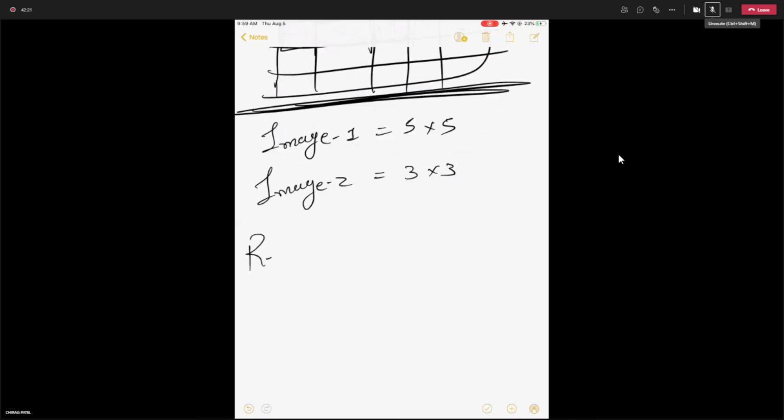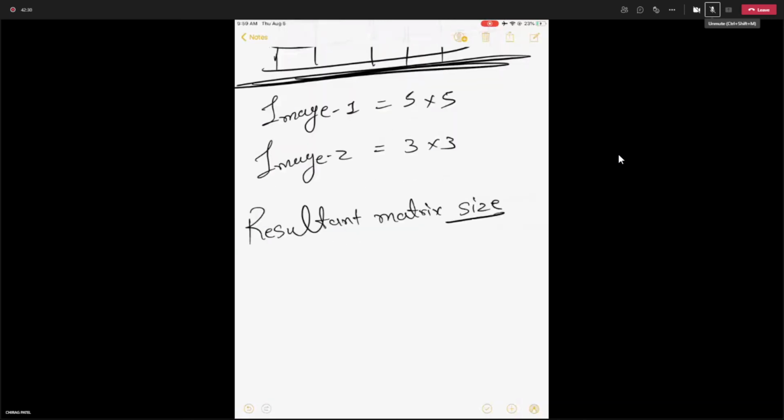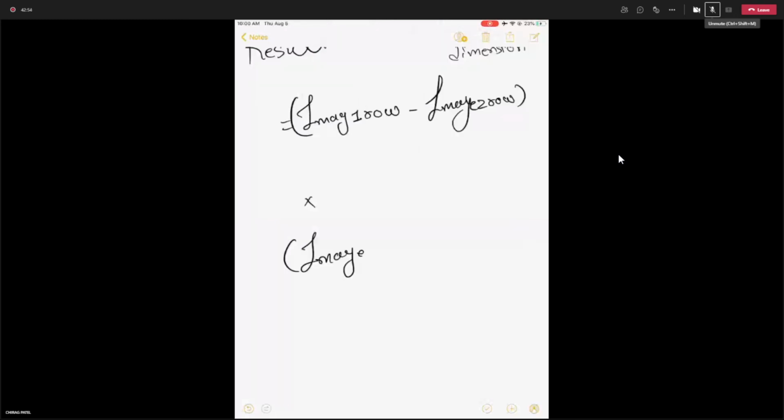So if you want to find the resultant matrix size or dimension, then it is equal to image 1 row minus image 2 row multiply, मतलब multiply तो रहेगा ही, image 1 column minus image 2 column, दोनों में +1 होगा.